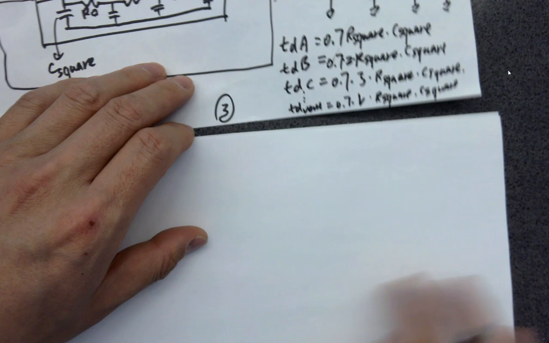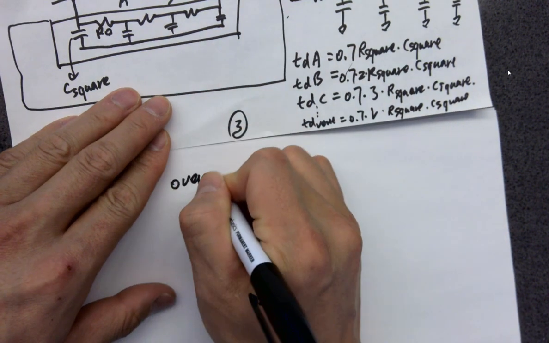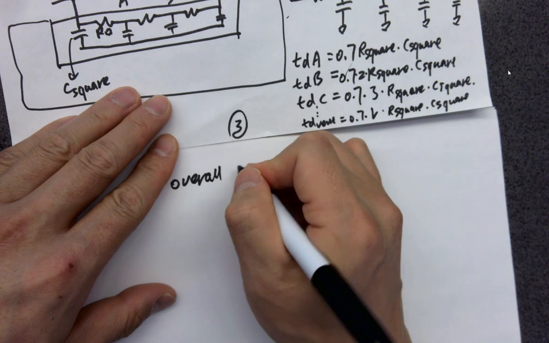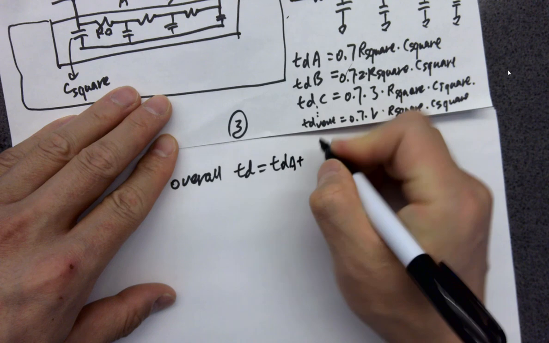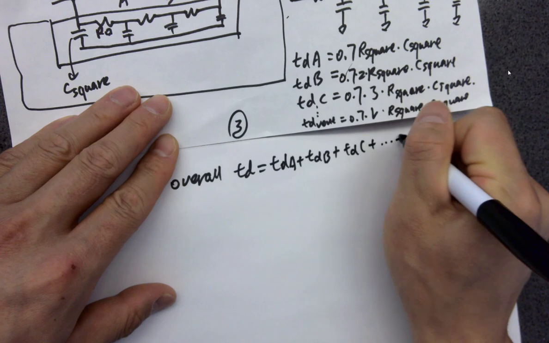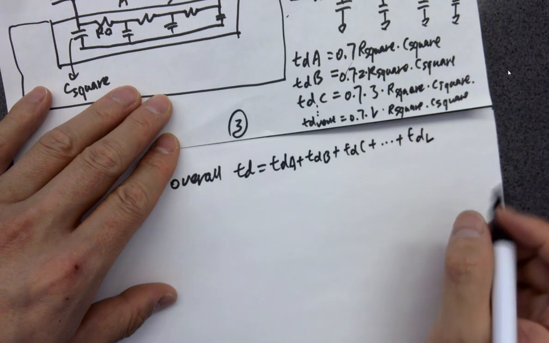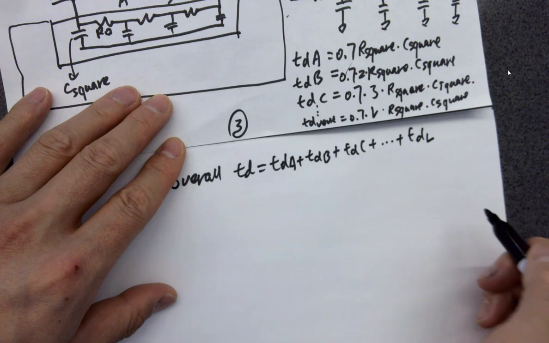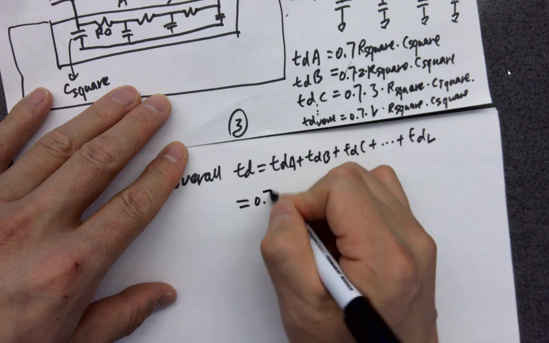Superposition, yes, that's the concept over here. So overall time delay equals TDA plus TDB plus TDC plus ... TDL, or TD V out, and that equals 0.7 R square C square.